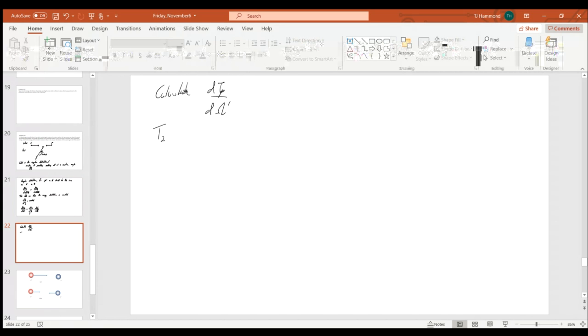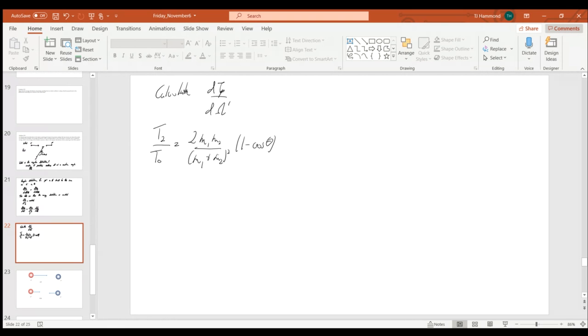But what we know is T2 by T naught is 2 M1 M2 over (M1 plus M2) squared, times 1 minus cosine theta. So it might not be the form that you thought we were going to use.